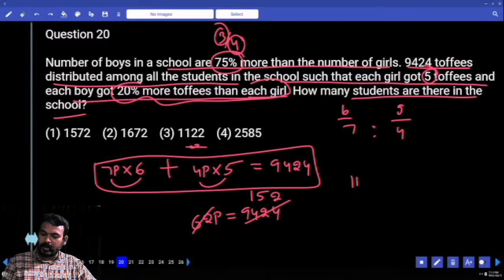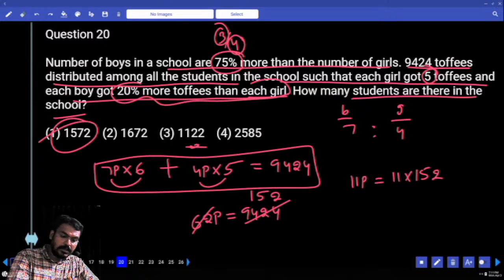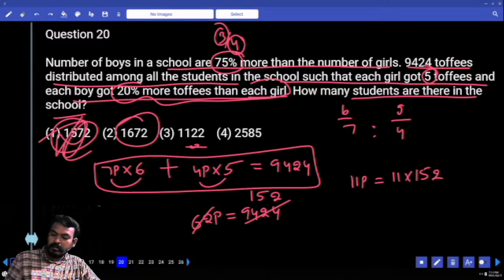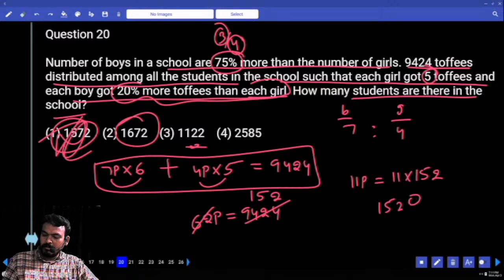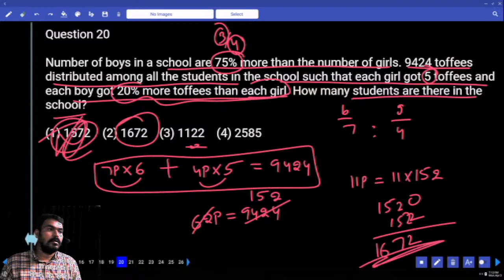But we required how many parts? 11 parts. 11 into 152, or not? It is 1520 plus 152. Then the answer, 1520 plus 152, or not? Total how much? 1672, or not? Clear?